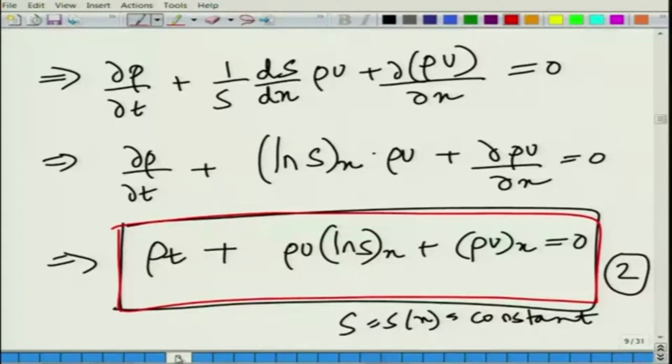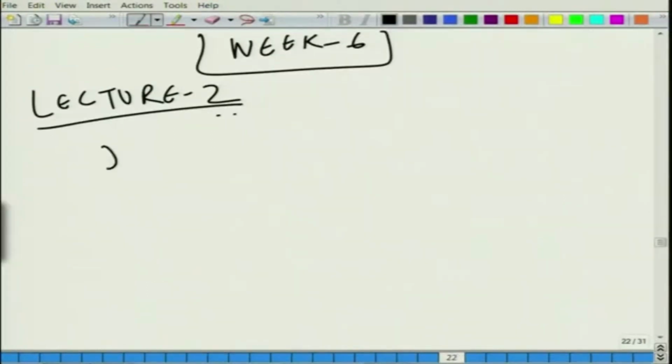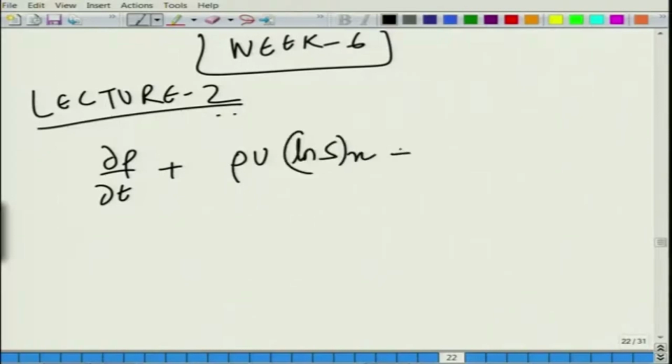Let us first cleanly write it down again: del del t of rho plus rho u times del del x of the natural logarithm of the area plus del del x of rho u is equal to 0.